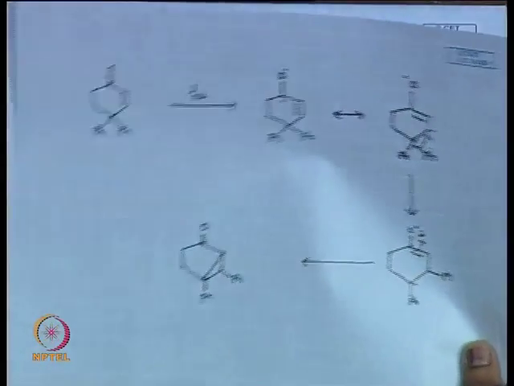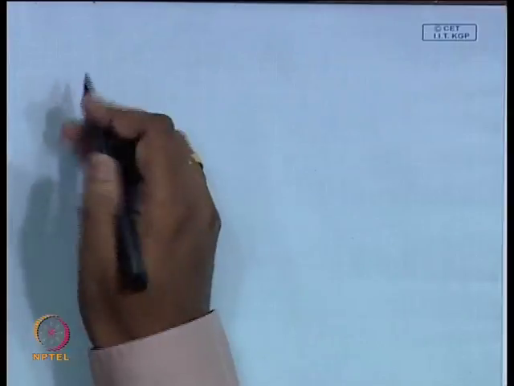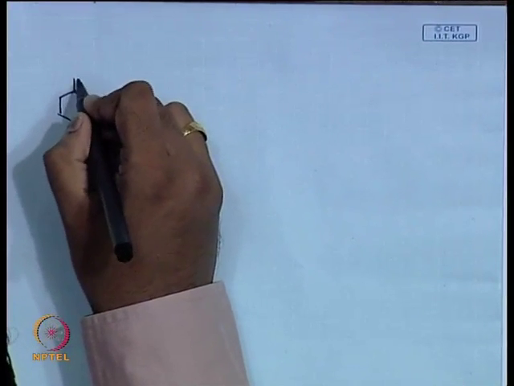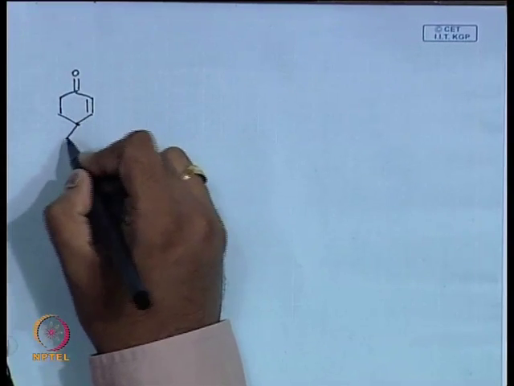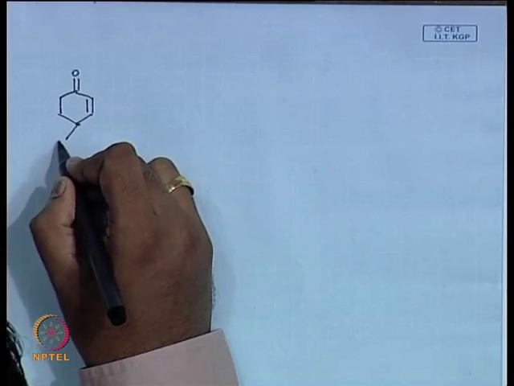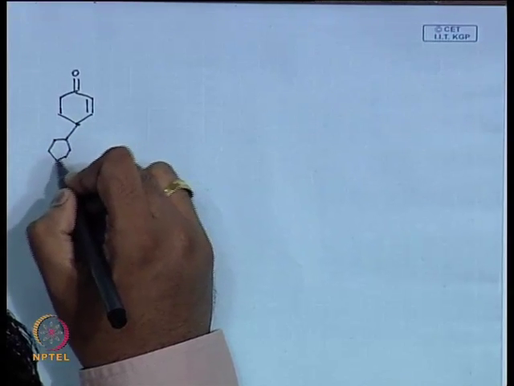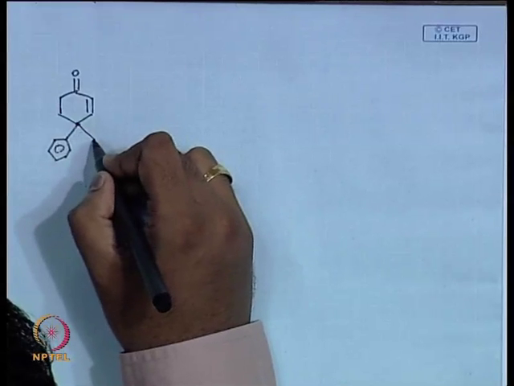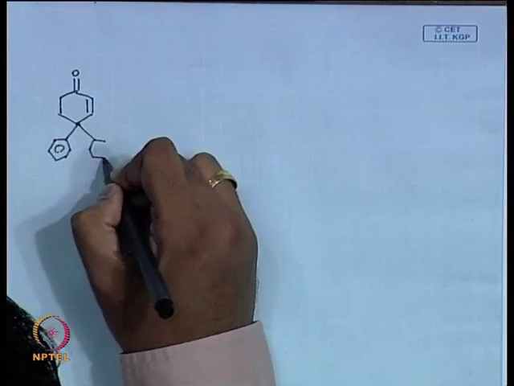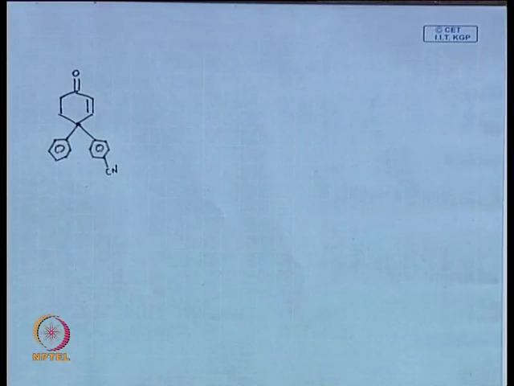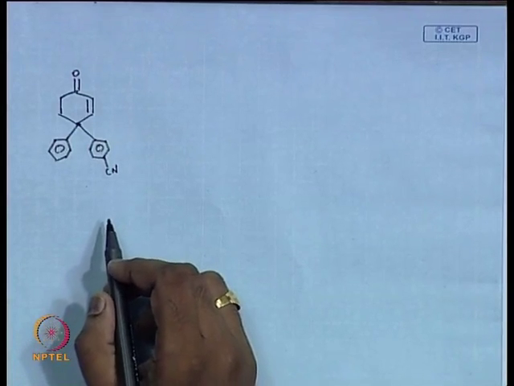Now, instead of two identical phenyls, consider an example of a system like this with a cyano. The para position is substituted by cyano.